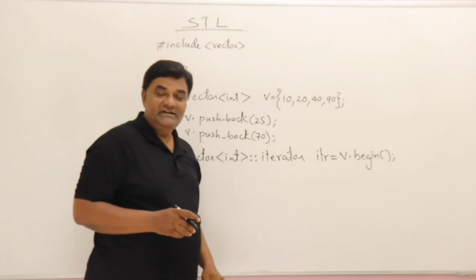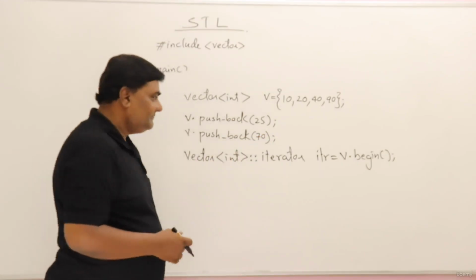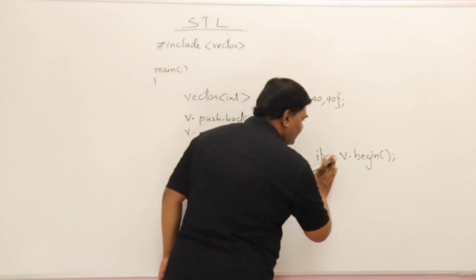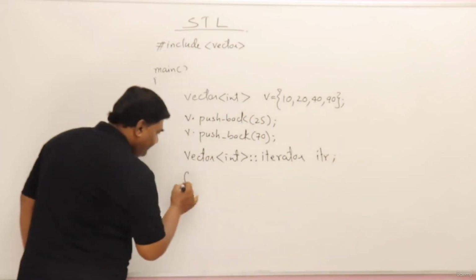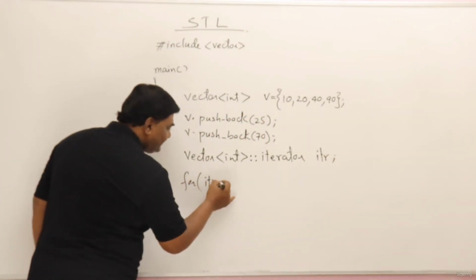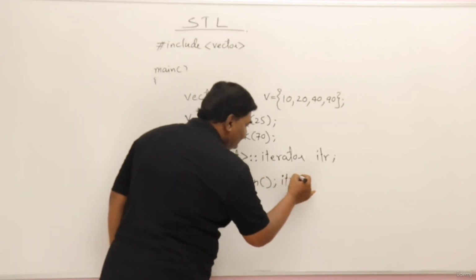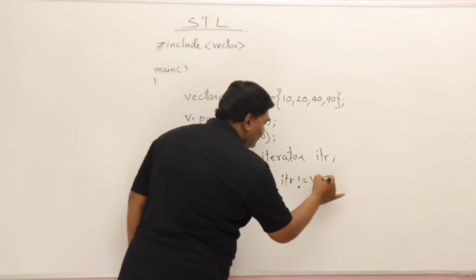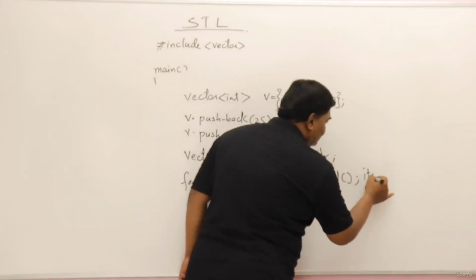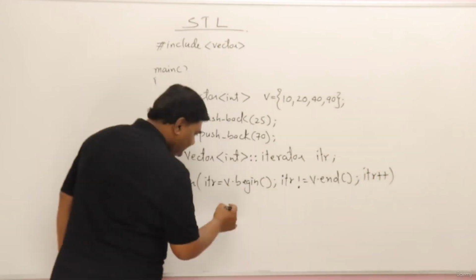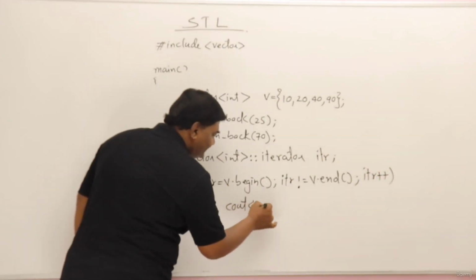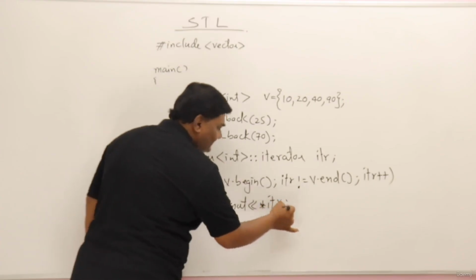So let us use this iterator and access all the elements. I'll just remove it from here and I will write it here. For itr assign v dot begin and itr is not equal to v dot end, then itr plus plus, then I can say cout star itr.